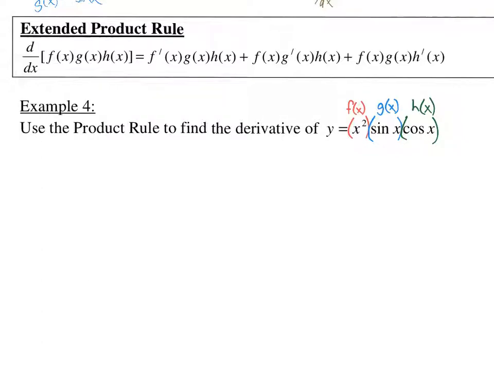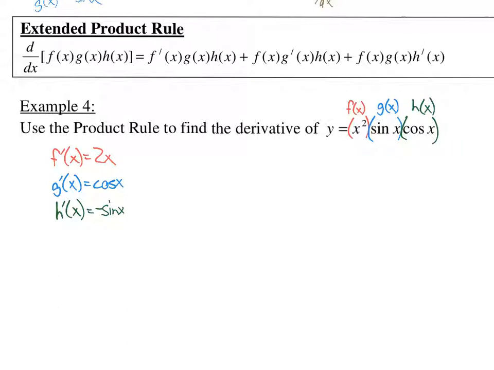Okay? Now, what is f prime of x here? 2x. What is g prime of x? Cosine of x. What's the derivative of cosine? H prime of x. Negative sine of x.